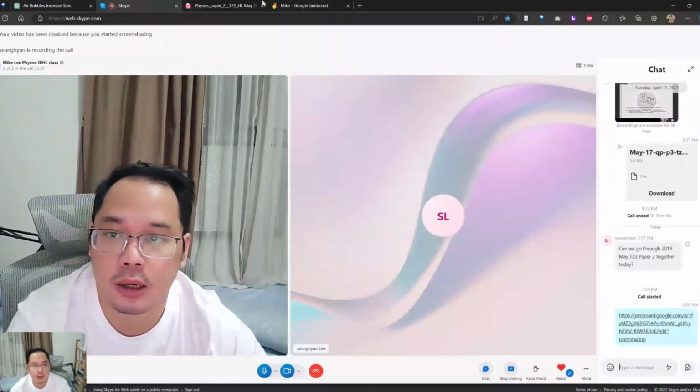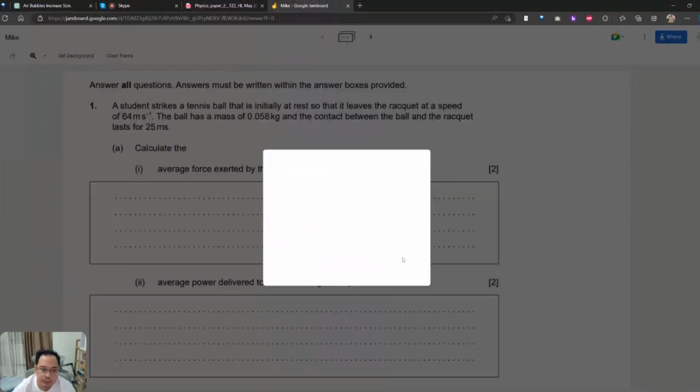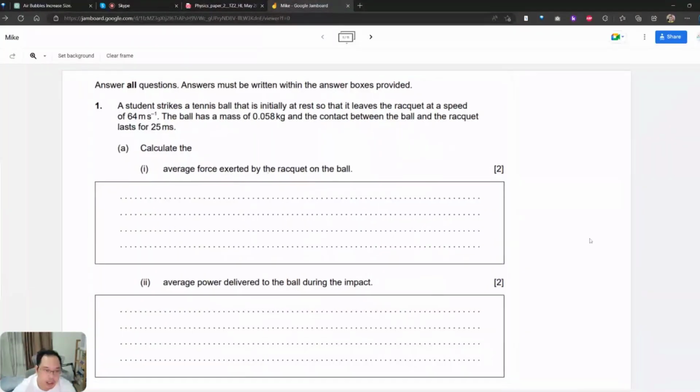This is a link to the board. Write the solution on it, okay? Address leave the racket speed. What is the speed of the tennis ball when leaving the racket? What's the mass of the ball? And the time of the contact between the ball and the racket. Calculate the average force.